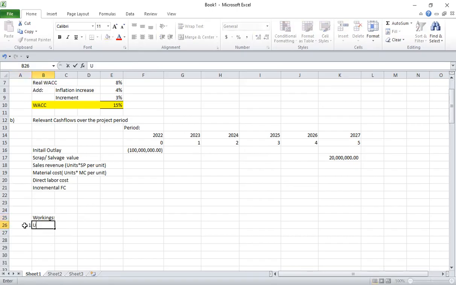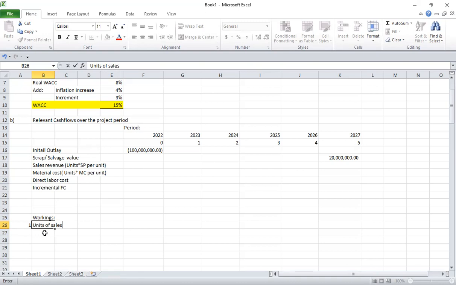As working number 1, we shall compute units of sales.